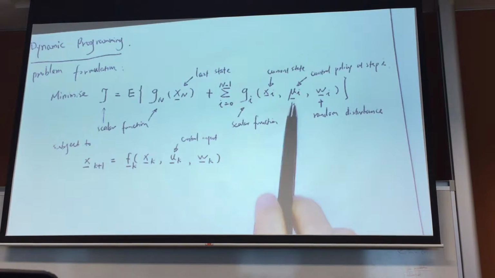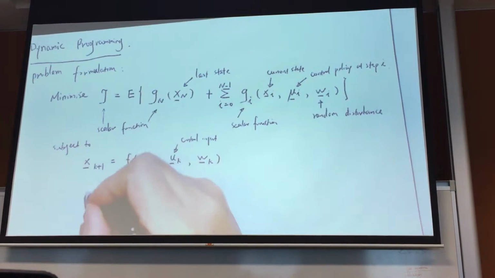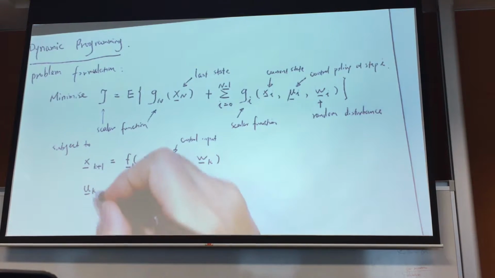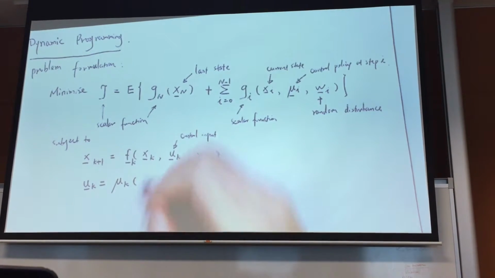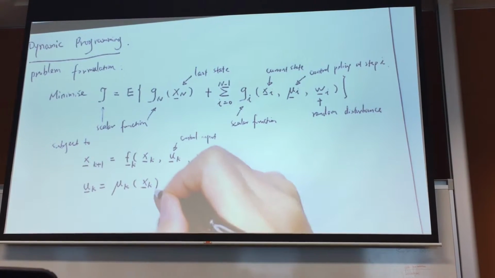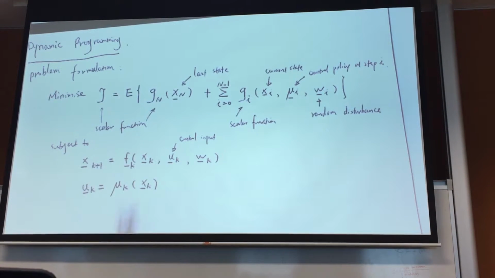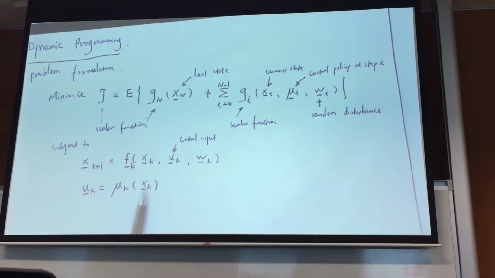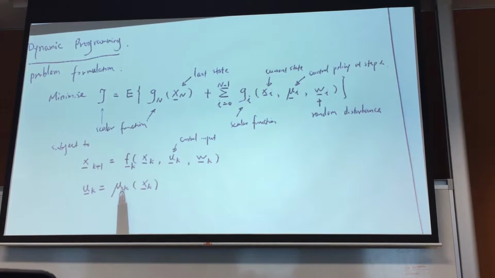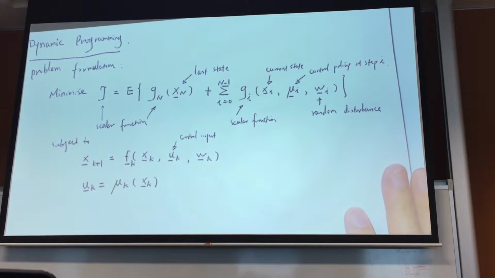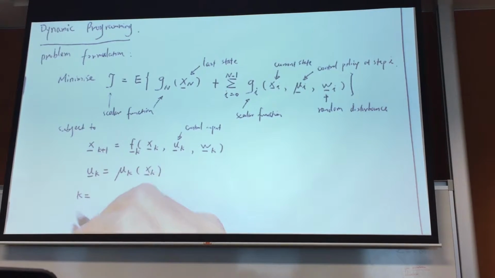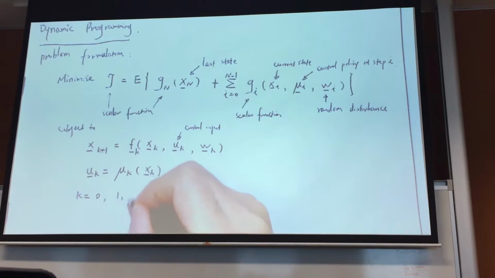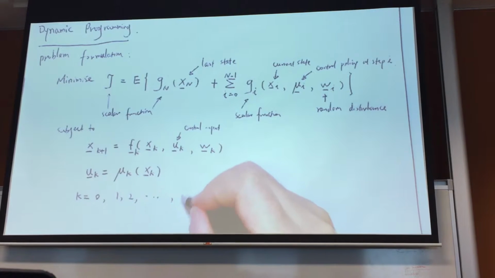The control input is linked to the control policy by this function. So the control input is defined by a function of your state with a control policy, for k equal to 0, 1, 2 up to N minus 1.